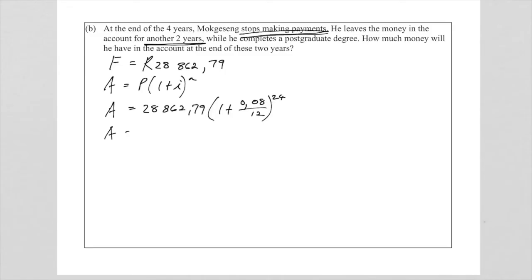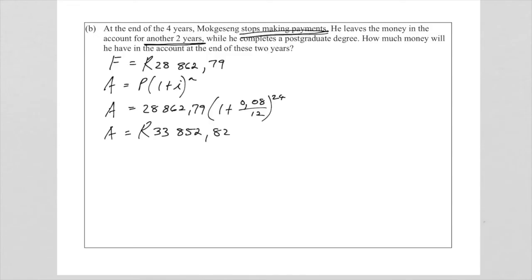And now it's a simple calculation on your calculator. Put all of it on your calculator at once, and the answer you're supposed to get is 33,852 Rand and 82 cents. So that is what his money will be worth after a further 2 years.